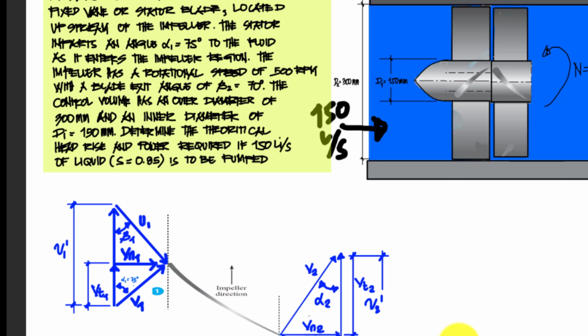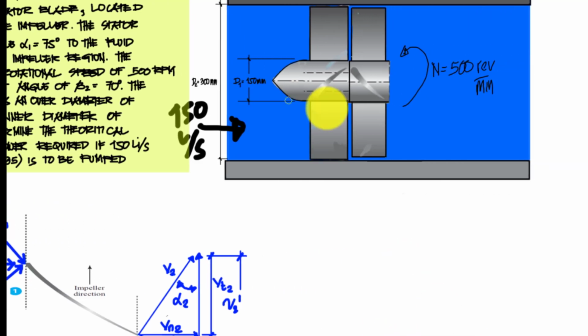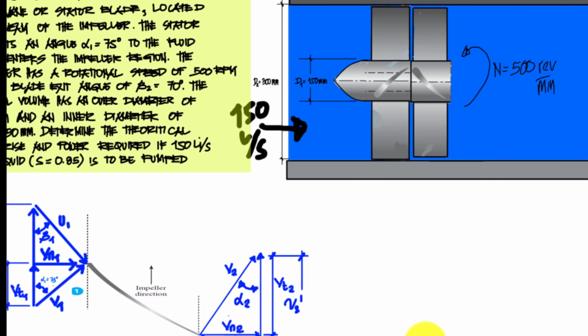So that is entering and leaving the vane. So that will be how much of the volume being displaced by the axial pump. Okay, so we specify already the given. So imparting angle 75 degrees and leaving angle, it will be 70 degrees.